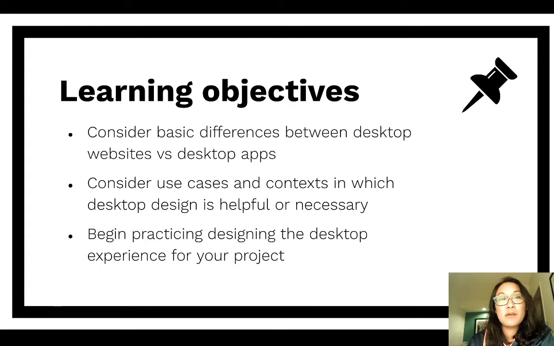Of course, we want the functionality that's available on mobile and tablet to also be available on desktop. However, there may be specific tasks or functionality that will be most accessible on the desktop. So things that might require multiple inputs, like being able to type something in with a keyboard, or use a mouse to point and click on something for manipulation or sharing, or other more detailed interaction purposes.